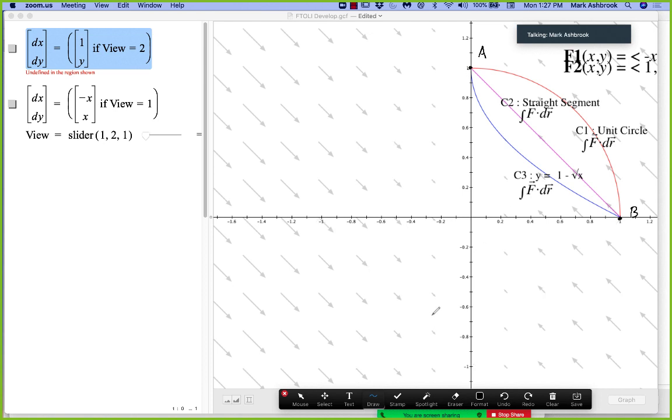Is there another positive path that's something a lot different than that? Can we go straight down? Is that equal to 0? Yeah, this is on the y-axis, x equals 0, so all the vectors here are 0, because the vector field is negative x, x. So if you went straight down, then what would you want to do from there?